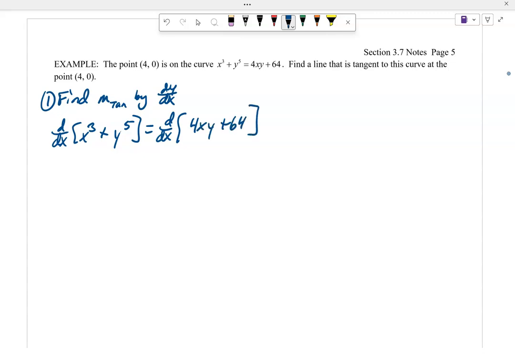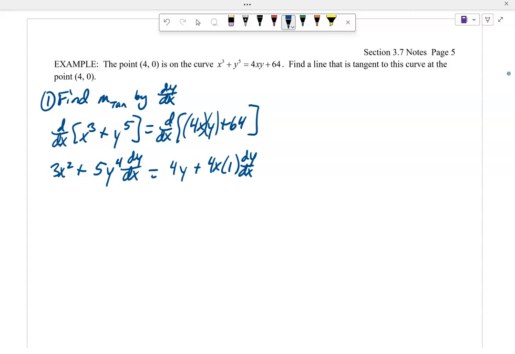And so we've got the derivative of x cubed, 3x squared, plus 5y to the 4th dy/dx equals, now I'm thinking about this as 4x times y. Derivative of the first times the second plus the first, derivative of y is 1 dy/dx. And then the derivative of 64, of course, is 0.